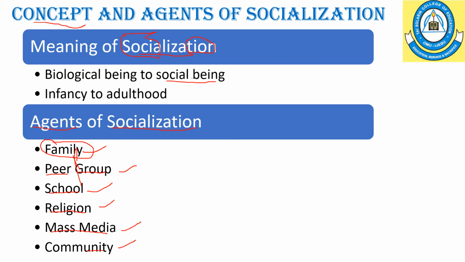Now let's move to school. School is a formal and organized institution that assists the child in manifesting its instincts, motives, qualities, et cetera.